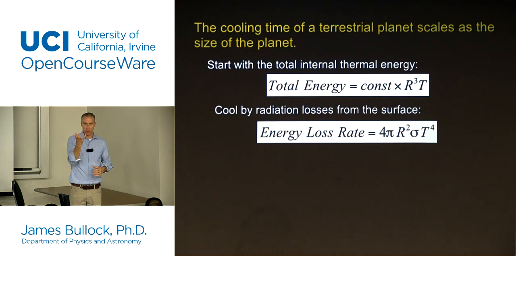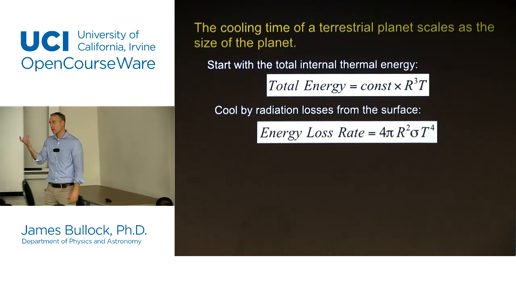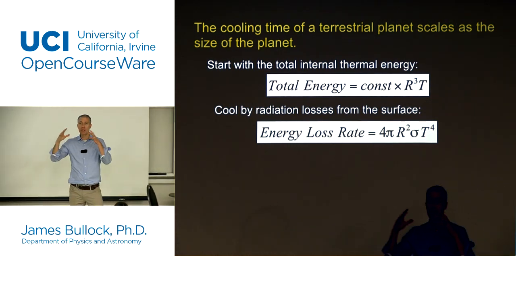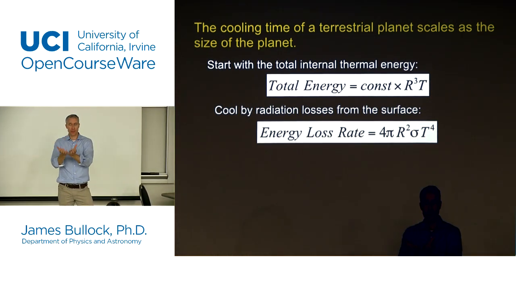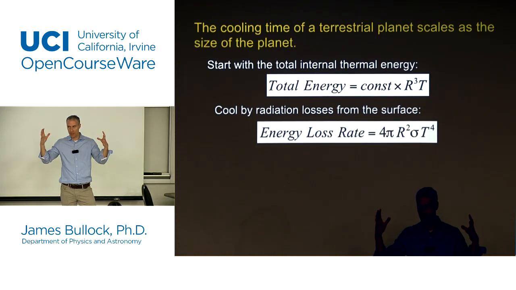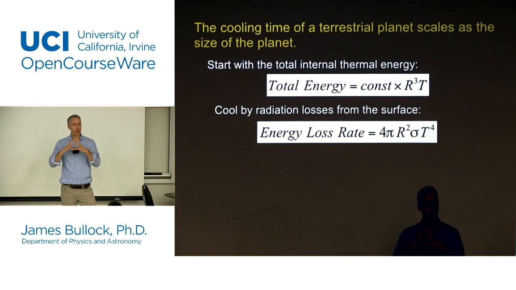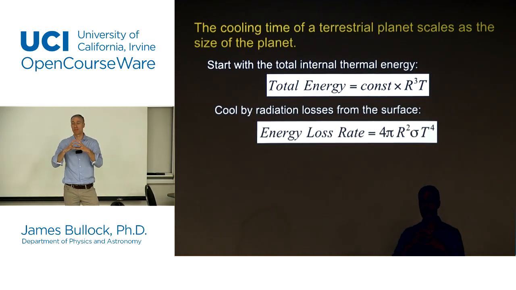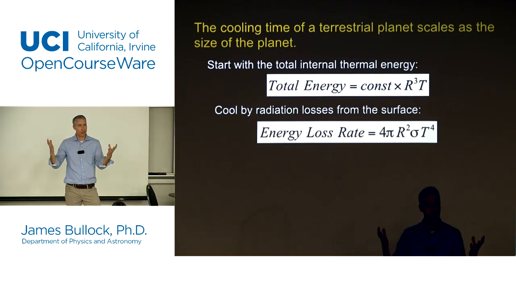If you have a hot sphere, the way that sphere releases energy is it releases heat from its surface. In just the same way that the sun shines, by spitting light out of its surface, anything that has a temperature emits electromagnetic radiation out of its surface.